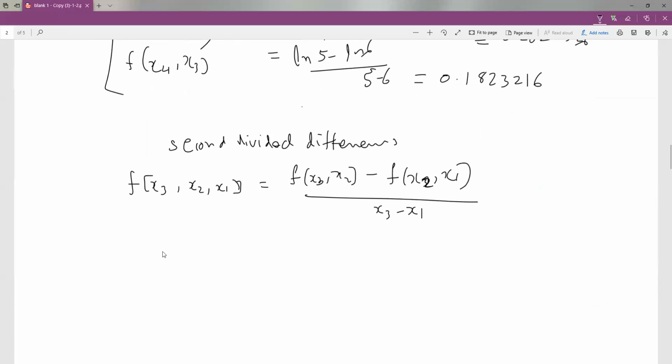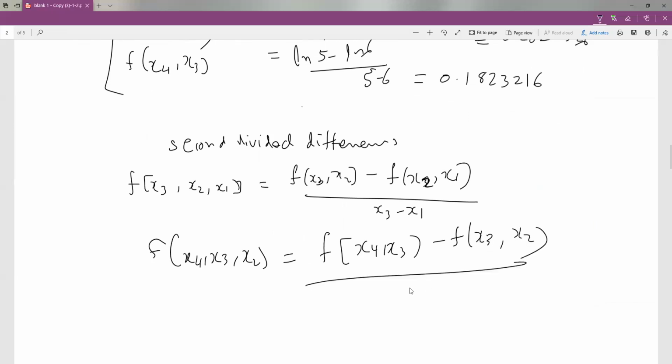Similarly, f of x4, x3, x2 can be written as f of x4, x3 minus f of x3, x2, divided by x4 minus x2.